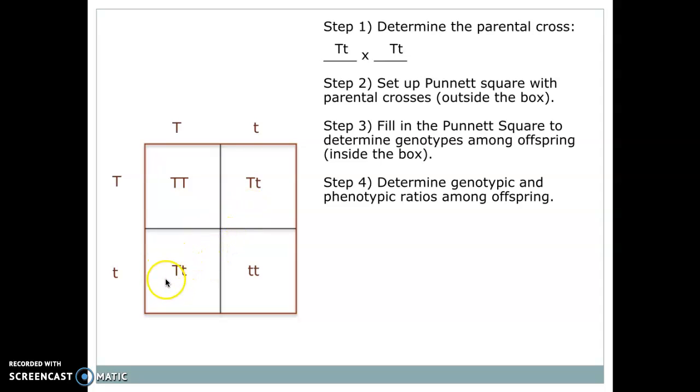And because they have that dominant allele, these 2 phenotypes, so the physical expression of this genetic code, are also going to be tall. Box number 4 down here has 2 little t's. So the phenotype or the physical expression of this genotype is going to be short because I have 2 recessive alleles.